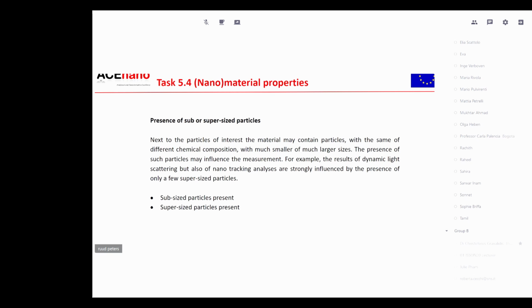As an example, we recently analyzed a sunscreen material that contained a high number of small titanium dioxide particles and a much smaller number of large zinc oxide particles. DLS and NTA both measure the larger size particles without noticing the larger number of small titanium dioxide particles. So the method we choose here will depend on whether or not such large particles are present.